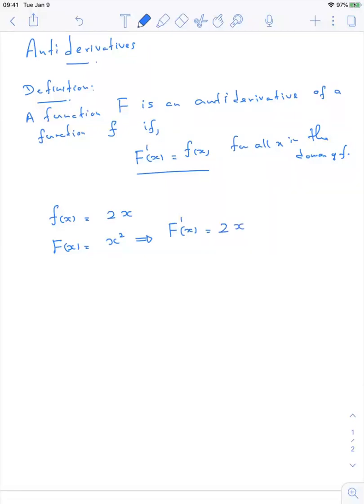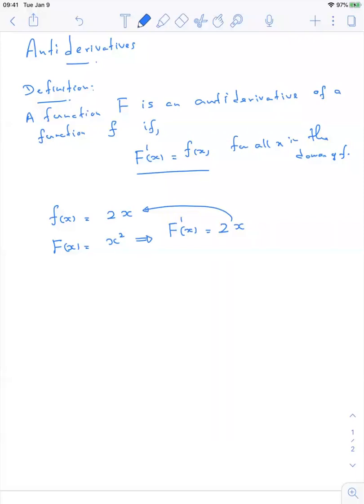So this is the answer, which is basically equal to this function right here. This is an example of the definition.